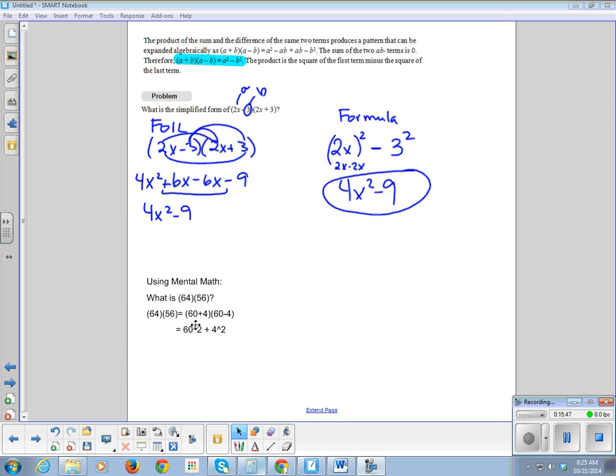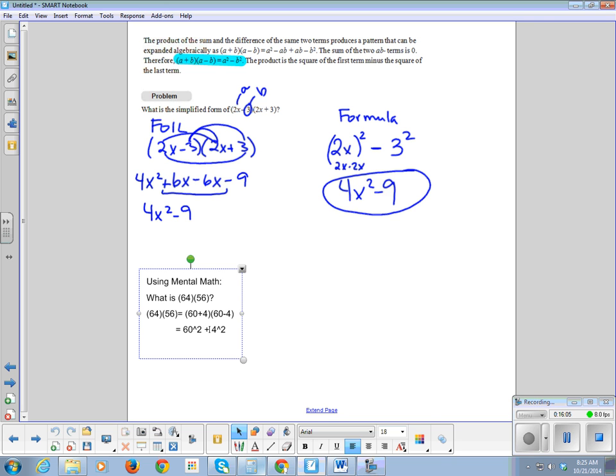Now, this is a little bit of a stretch, but I would be a bad teacher if I asked you to do problems like this and I don't do the lesson on it. So 64 is 60 plus 4, and 56 is 60 minus 4. So in this case, I can use the rule where we go, oh, that's the product of a sum and a difference.